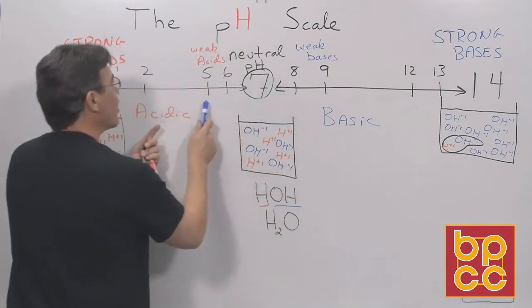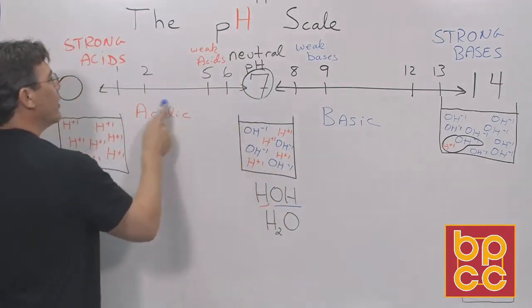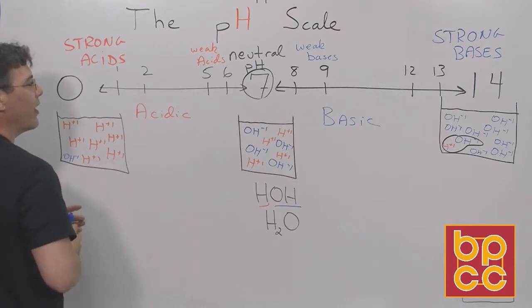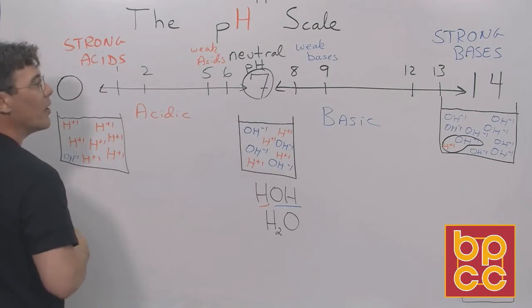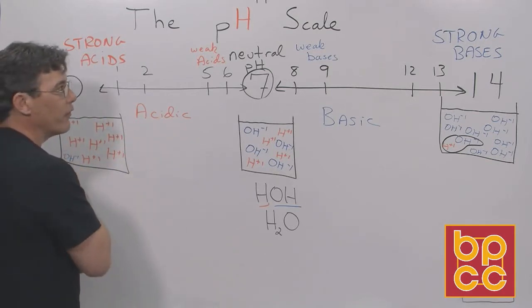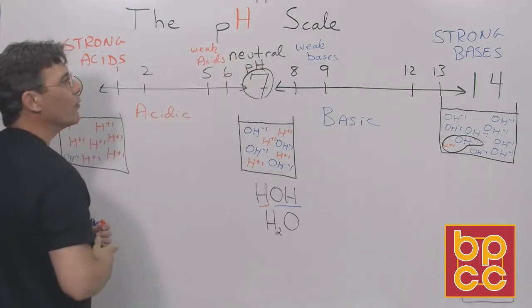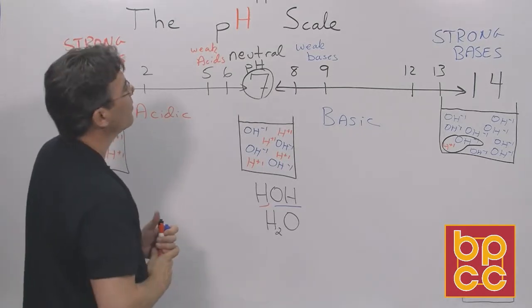The lower we go from 7 on the pH scale, the more acidic, and the tendency towards strong acids is seen. And that's the pH scale. Again, on the pOH scale the numbers would be reversed, but the one that's most commonly used is the pH scale when making measurements.